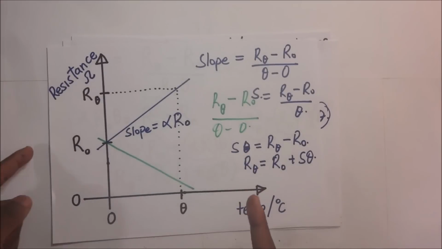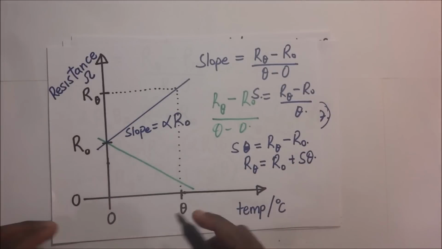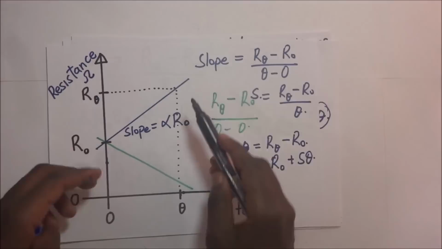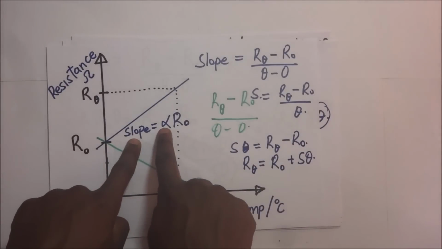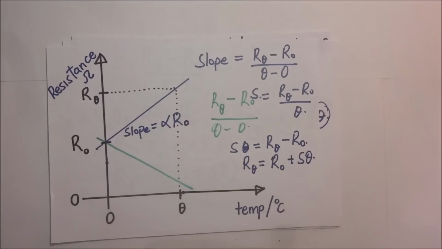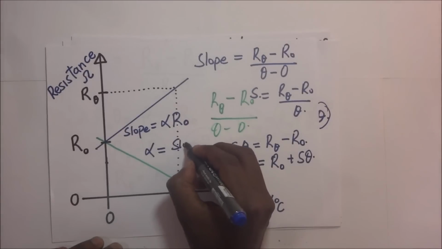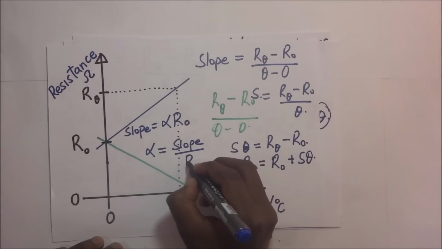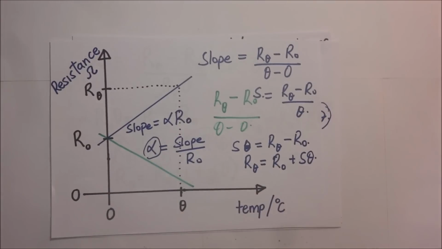So should you draw a graph of resistance against temperature from a given table of values, you equate the slope of that graph to alpha times r naught. When you make alpha the subject of the formula, you end up with the slope over r naught, and you're able to get your temperature coefficient of resistance using the graph.